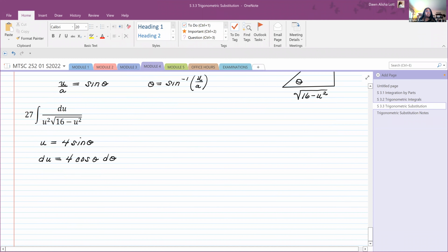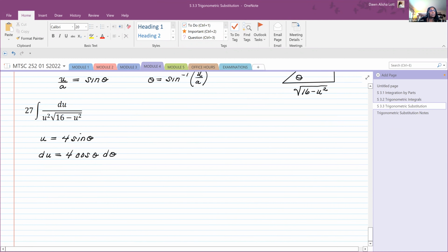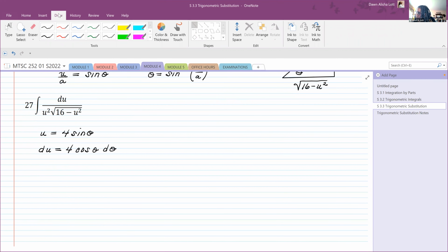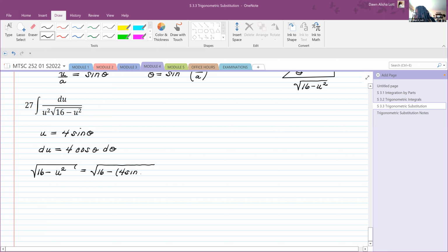So the only thing we need is to find the square root of 16 minus u squared. The square root of 16 minus u squared is the square root of 16 minus 4 sine of theta squared.